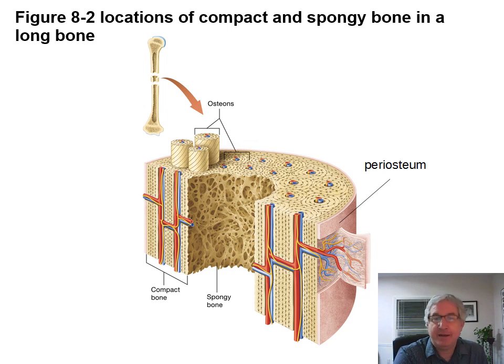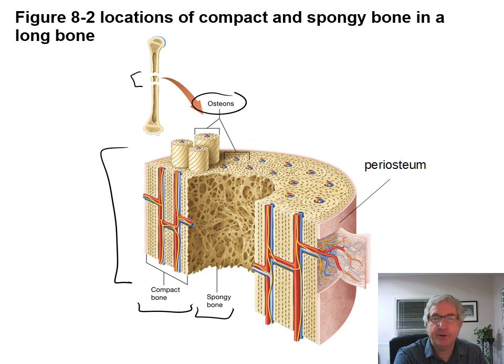This is back to the original slide that we talked about, 8.2. Here's that little section out of the middle of the bone. You have the compact bone and the spongy bone on the inside, showing the osteons. There's an osteon right there. Here's an osteon. Here's an osteon. My circles aren't very good, forgive me. Here's your periosteum, showing a couple of layers.